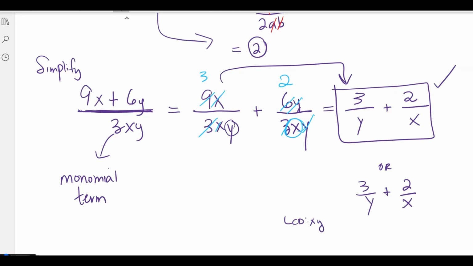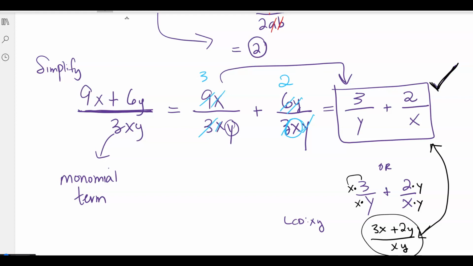So you'll multiply top and bottom on this side by an x and this side by a y, so that you have the same denominator, xy. And then what you have is 3x plus 2y over xy. Now this answer here is actually equivalent to this answer. But if this is the simplest way to do it here, this is one step further here. So I'll take either answer in this case.